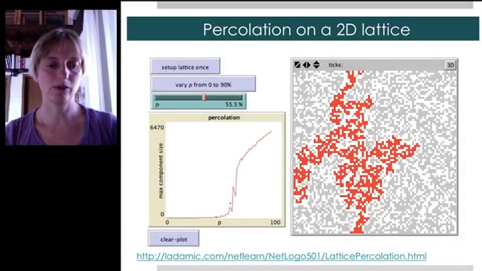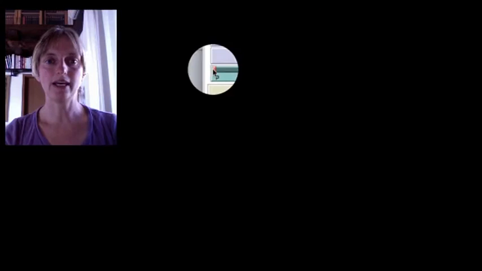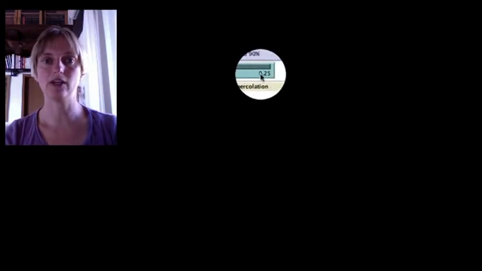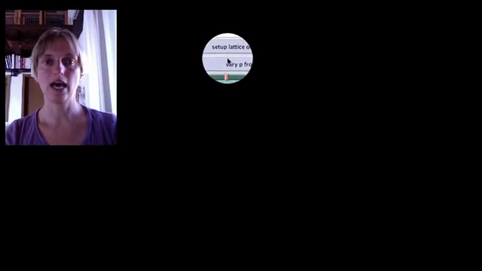So I'd like you to go to this model as well, and I'll try to find it here. So you can set up a particular value for P. Here we're going to have 25% of the sites occupied, and we can set up the lattice, and here I can tell that it's just too small, right?